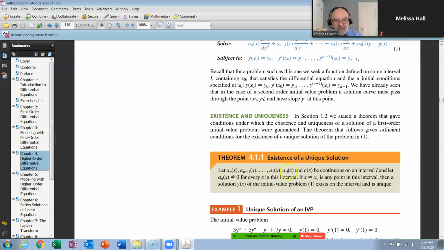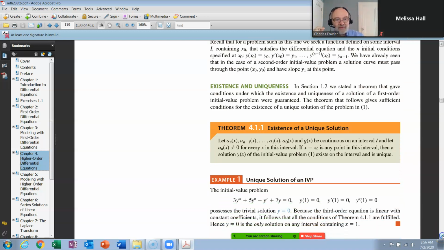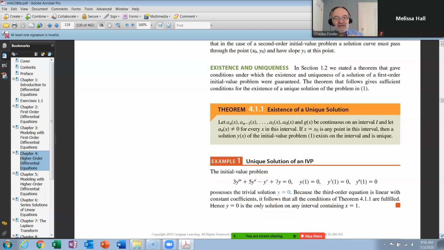All these have to be continuous functions of x, and the a sub n of x cannot be 0 for any value x in that interval. Okay. The other way of looking at that is, if it is, that defines your intervals. If your a sub n can't be 0 here or here, then you have to be somewhere in between. It defines your intervals. Another way of looking at that.